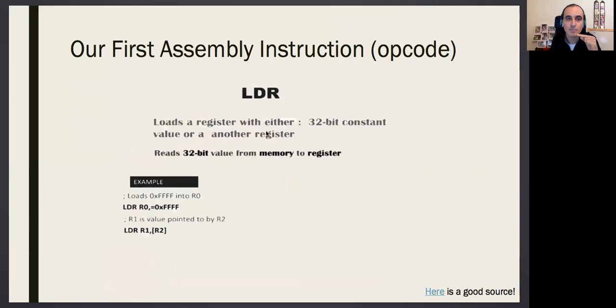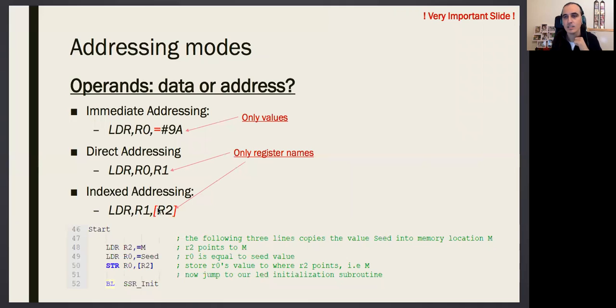That's called, guys, indexed addressing. You are providing the data memory address within a register. Whenever we are trying to read from or write to the memory, we'll be using indexed addressing.